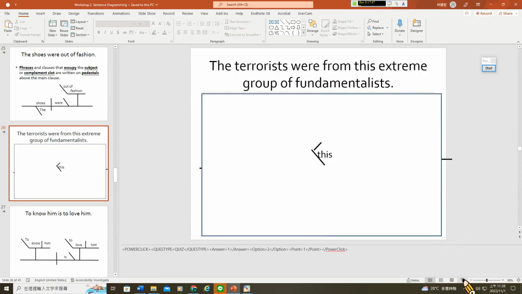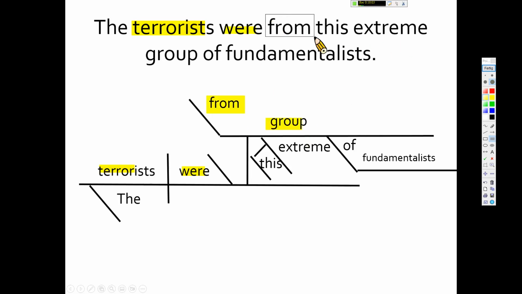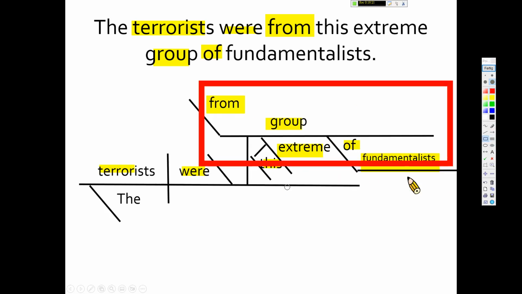So basically, this will be something like this. It's terrorists over here, right? And were from group. So from group. What kind of group? Extreme group. This extreme group. And of fundamentalists is used to modify group too. So all of these segments here are the subject complement.